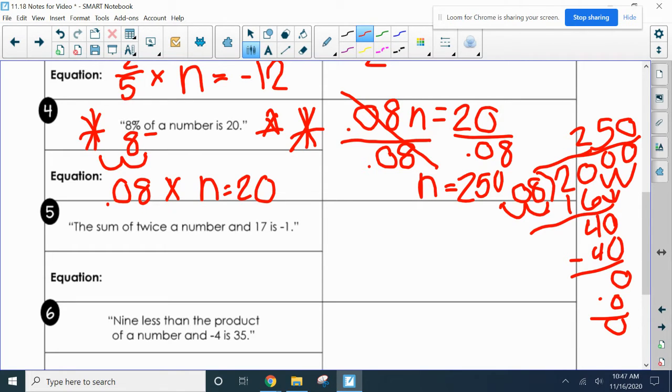Awesome. So next one, I have the sum of twice a number and 17 is negative 1. Right off the bat, I see sum and I see twice a number. What that tells me is that I'm going to have 2 steps. So sum and twice a number, what do those mean?